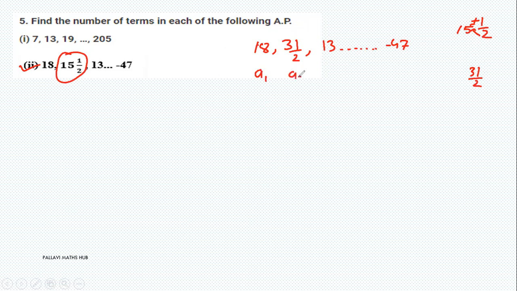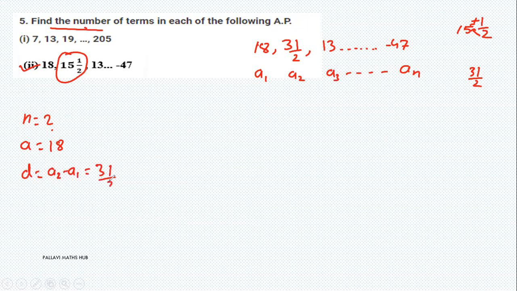A1, A2, A3, and the last term is AN. Find the number of terms, means n is equal to question mark. A is equal to the first term, 18. D is equal to A2 minus A1. A2 is 31 by 2 minus A1 which is 18.